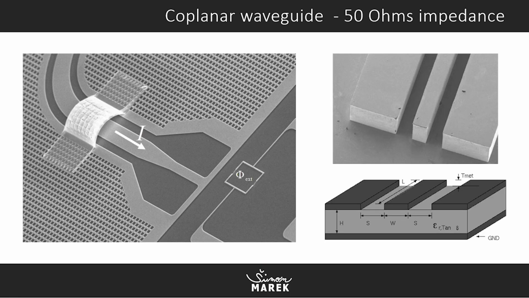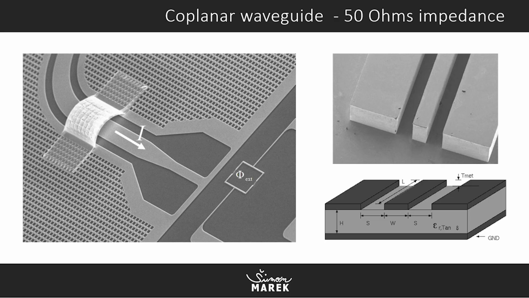Also, there is coplanar waveguide, which is a very basic thing for a quantum computer. This is the thing here. This is coplanar waveguide. We have basically one line with defined width and gaps, and we need to calculate its target impedance, for 50 ohms preferably.